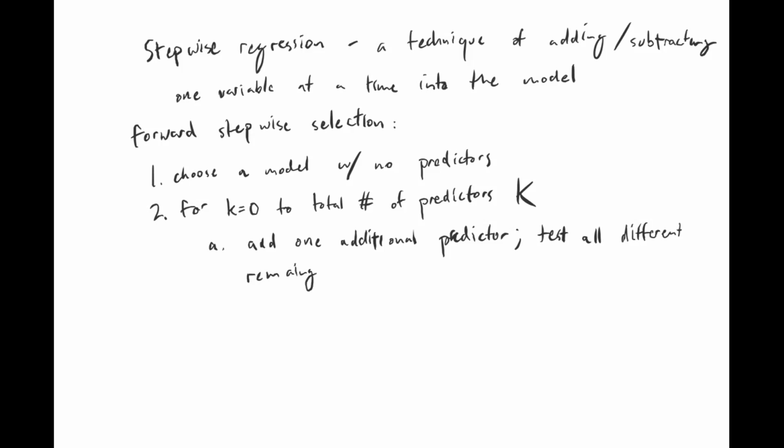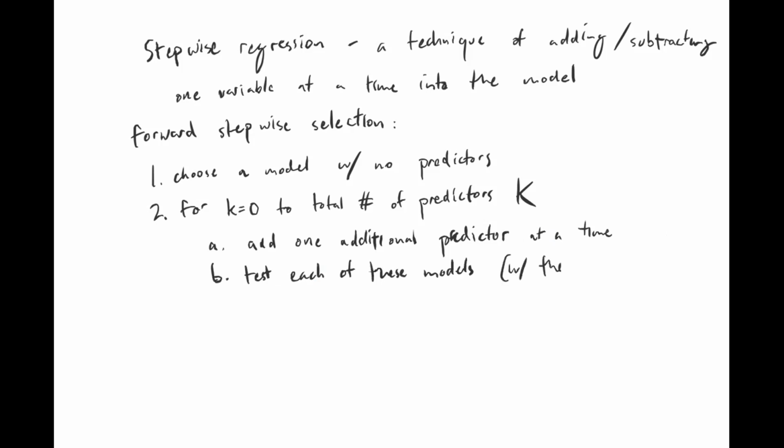Actually, let me write this a little bit more clearly. We add one additional predictor at a time. Test each of these models with the one new predictor.